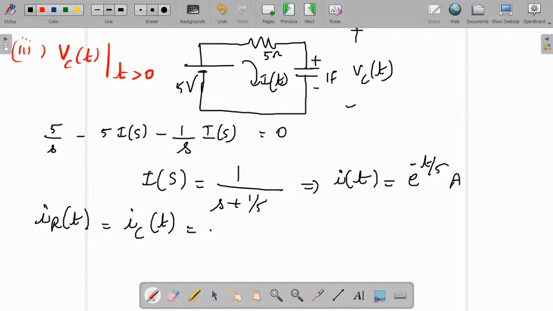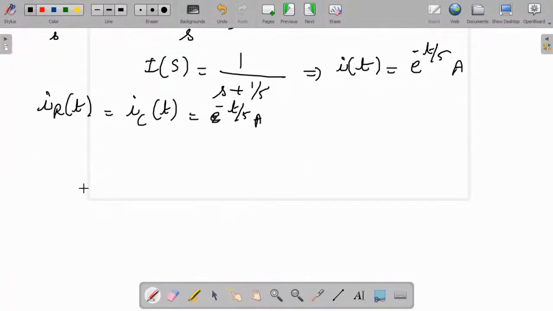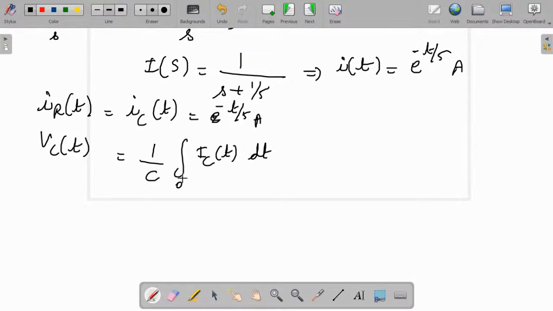So both are equal to e power minus t by 5 ampere. Okay, now what they asked is voltage. So what is the formula to find Vc of t? Vc of t is 1 by c integration of Ic of t dt, over the integral 0 to t.